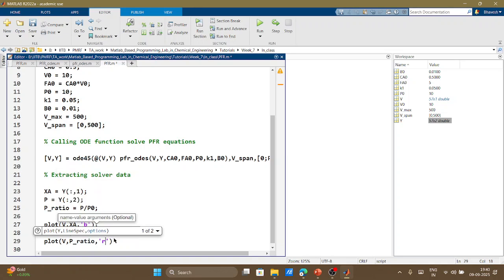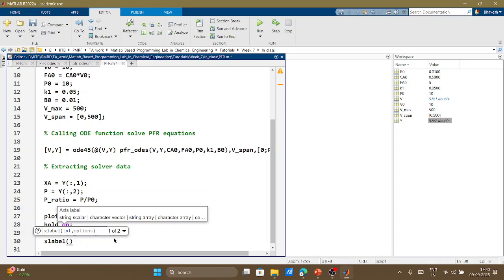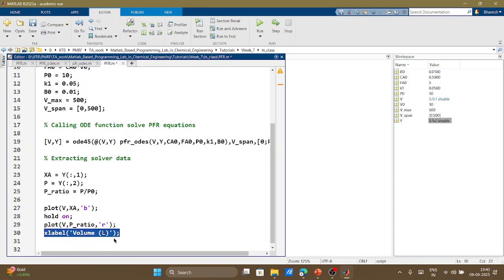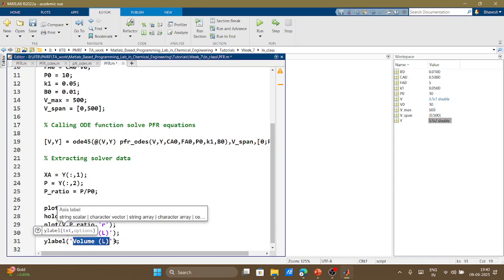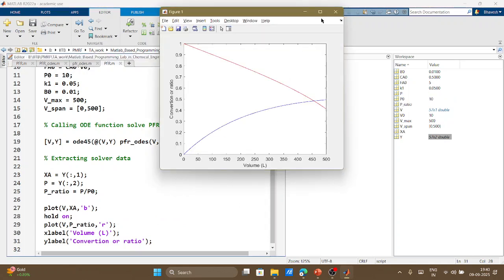Let me create a red line for this. My X label is volume in liter, my Y label will become conversion or ratio, and if I run it, I'm getting this plot, right?